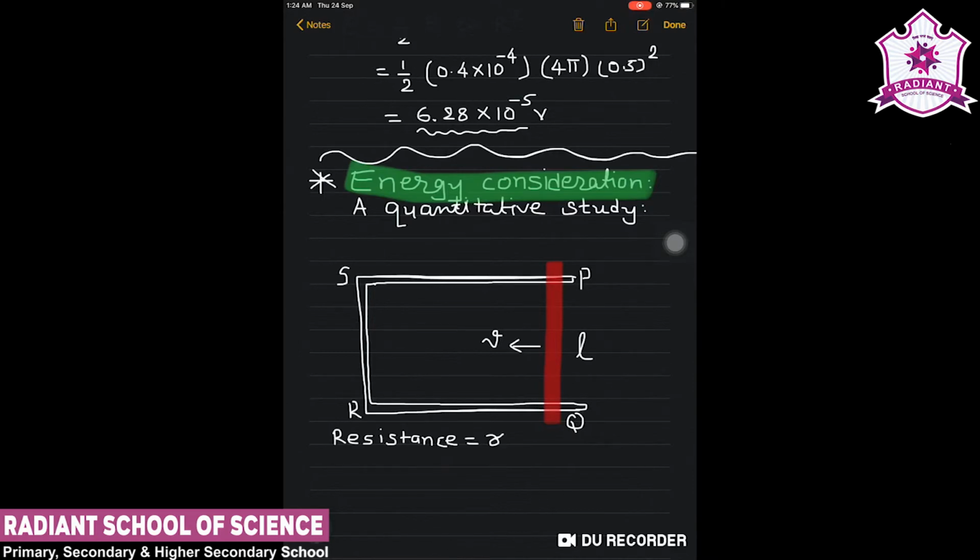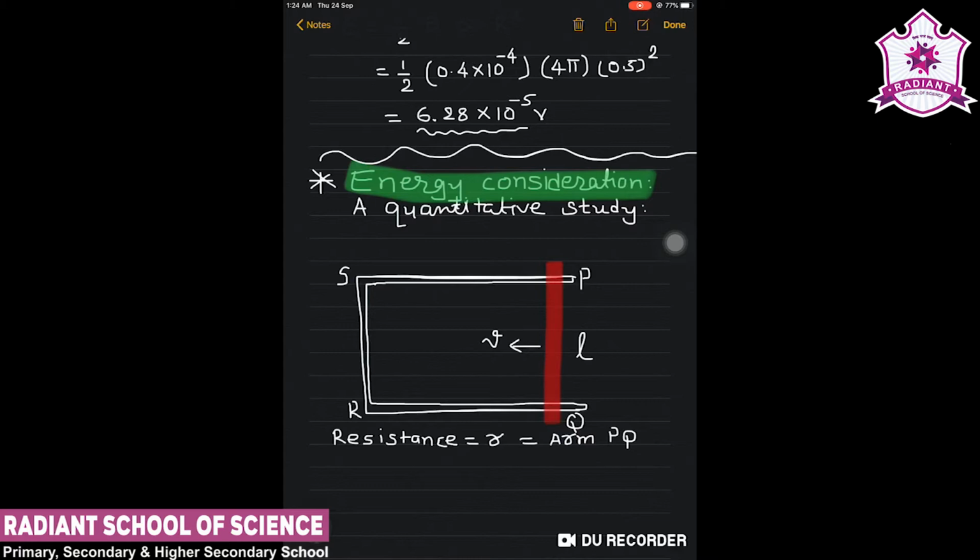The resistance of arm PQ is given as small r, and we assume that the remaining arms, that is QR, RS and SP, have negligible resistance with respect to small r.